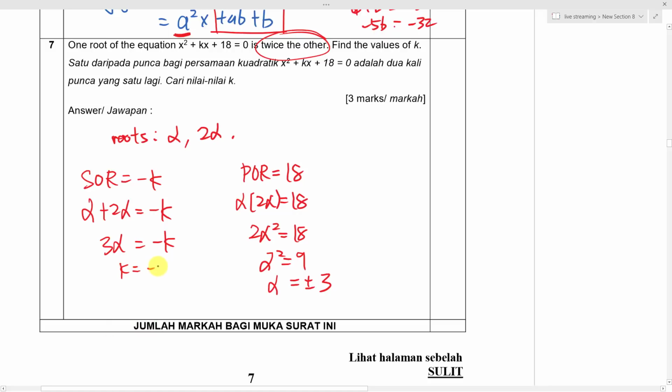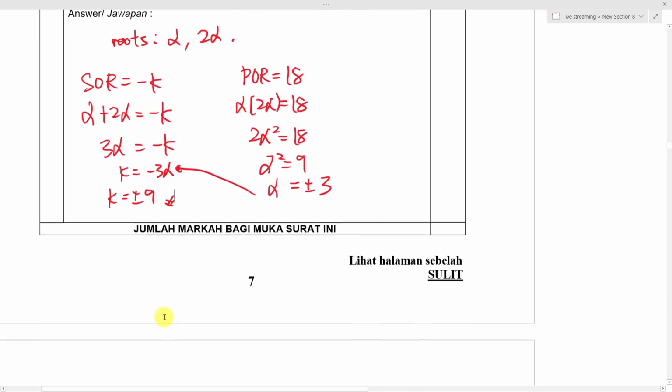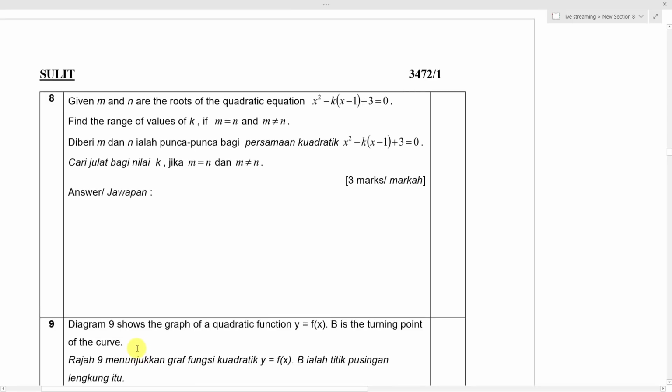So k equals negative 3 alpha, then I substitute into here. So k will become positive or negative 9. You just sub your alpha back into the k. You should be able to get the answer. If you guys know any faster way, you can share in the group chat. So I'm going to move on to number 8 here.